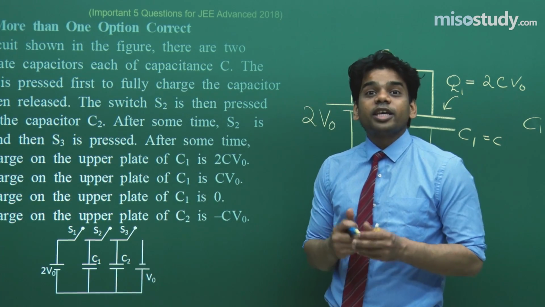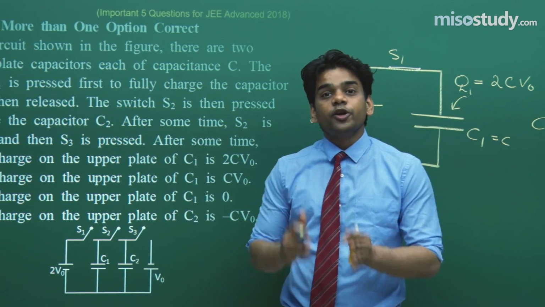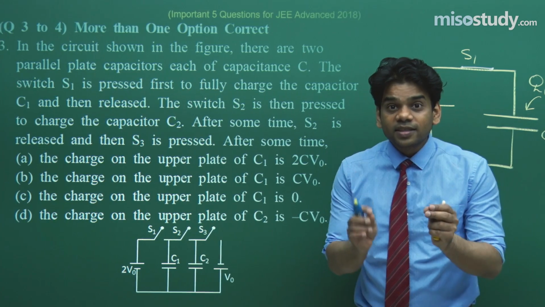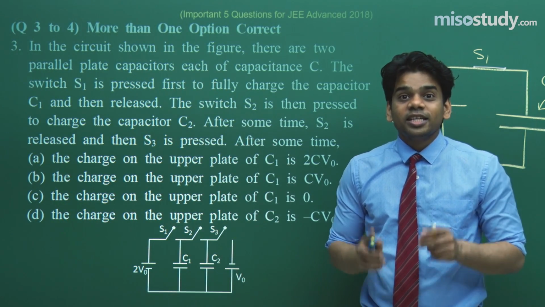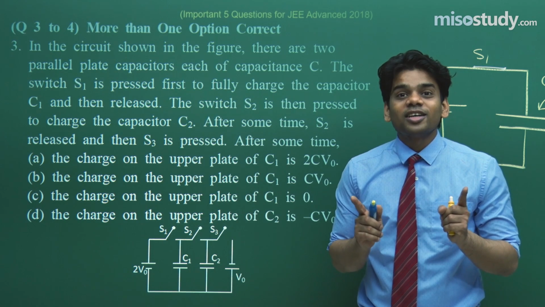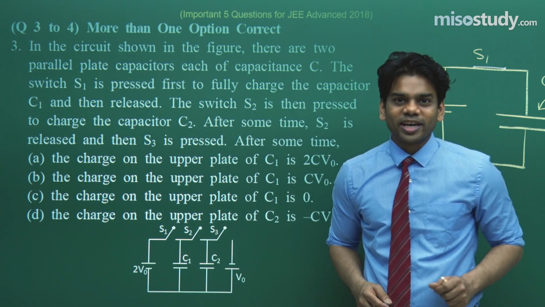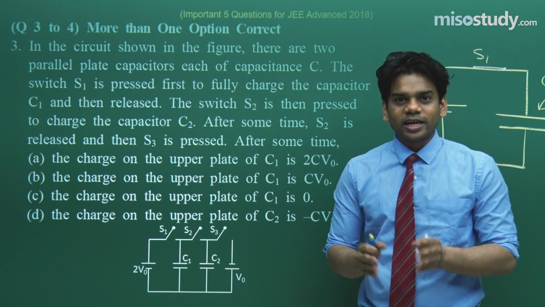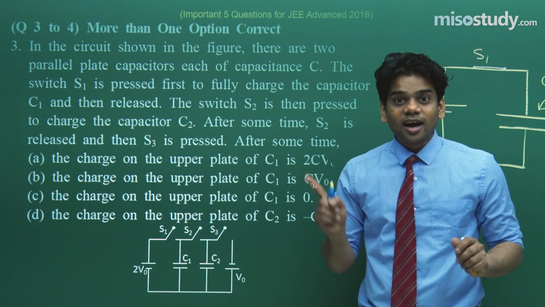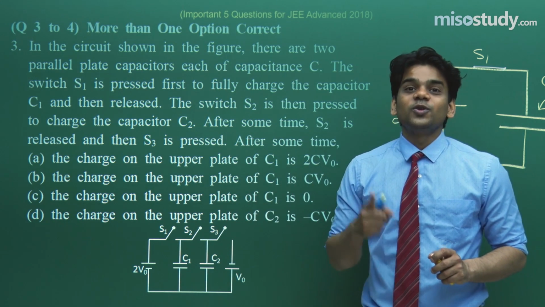Now, when a capacitor is connected with a new cell, it doesn't matter what charges initially exist on the plates of the capacitor; the capacitor will acquire the charge based upon the new cell you have connected. So it doesn't matter whether the charge on the capacitor initially was CV0, that has no role to play. The charge appearing on the capacitor will depend upon the new cell connected.